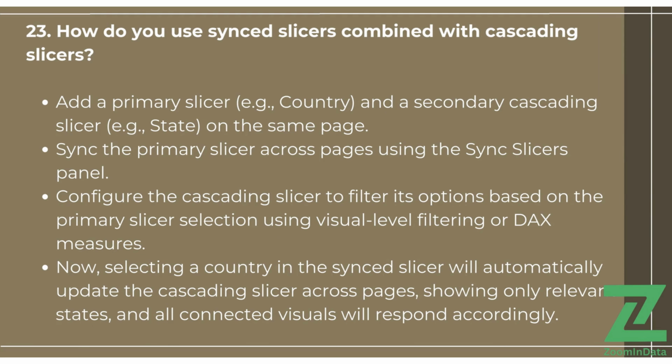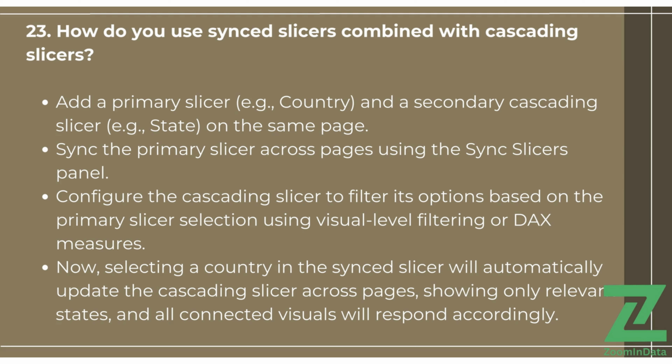23rd question. How do you use synced slicers combined with cascading slicers? Add a primary slicer, for example country, and the secondary cascading slicer, for example state, on the same page. Sync the primary slicer across pages using the Sync Slicers panel.